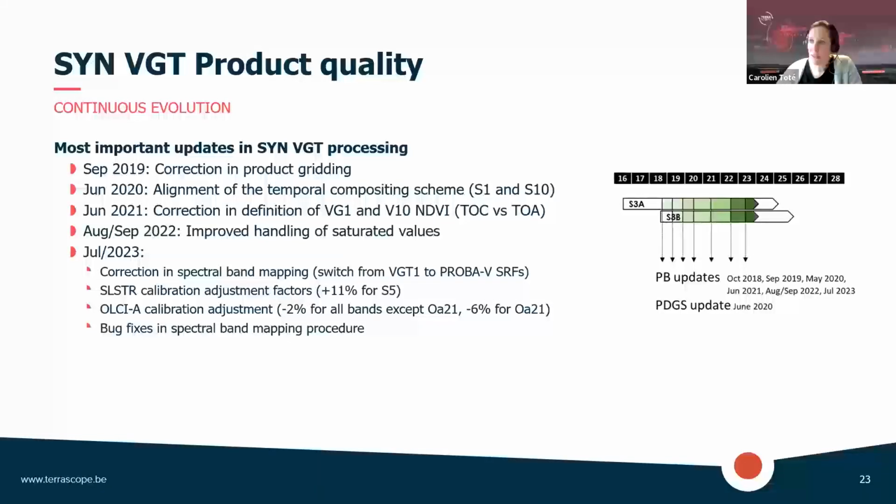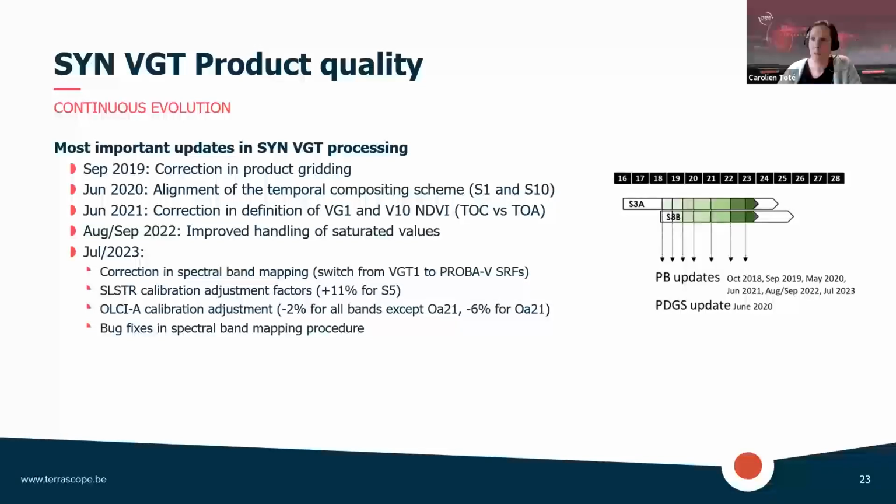So what they did then, they corrected the spectral band mapping. Before that date, they used the spectral response functions from SPOT-VGT 1, the first SPOT-VGT, to do the spectral band mapping. They switched to using the PROBA-V ones because this is a more logical step from PROBA-V to Sentinel-3.